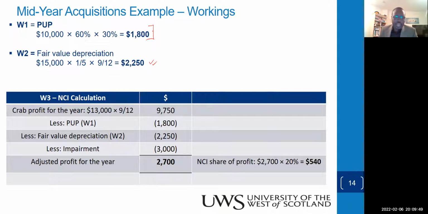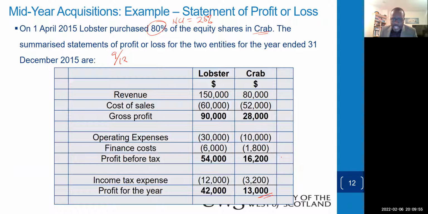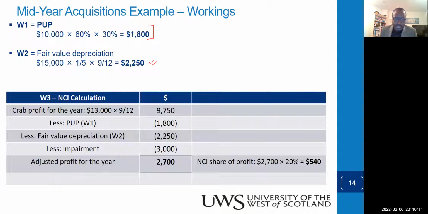Okay, all right. So Crab's profit for the year is 13,000. But it's for the whole year, and we acquired this midway. So we need to prorate once again. That's the post-acquisition element we need. So we have the prorata portion of the 13,000, which gives us the profit of the subsidiary we are entitled to.